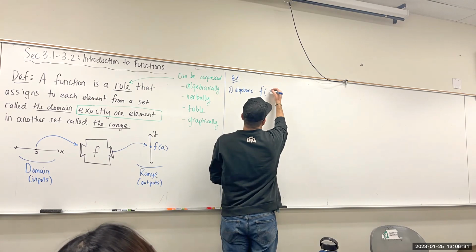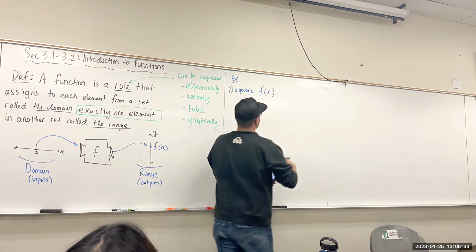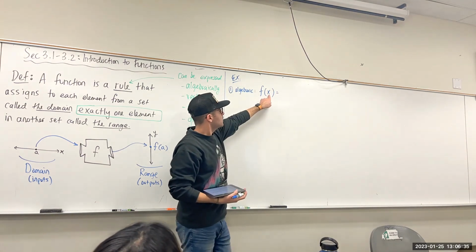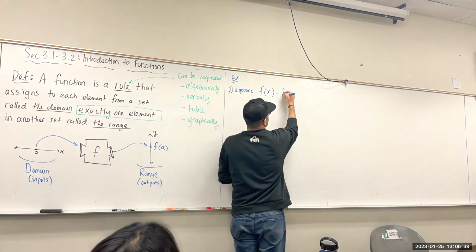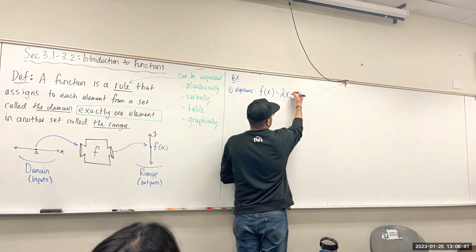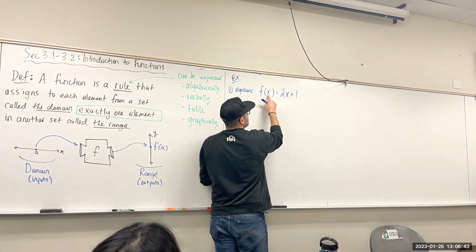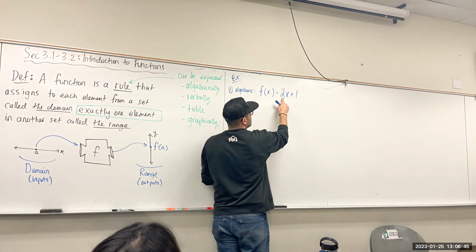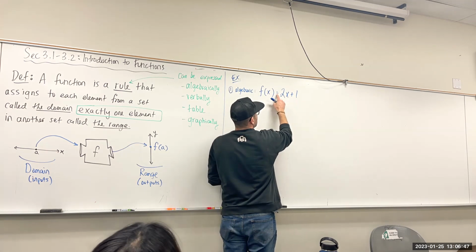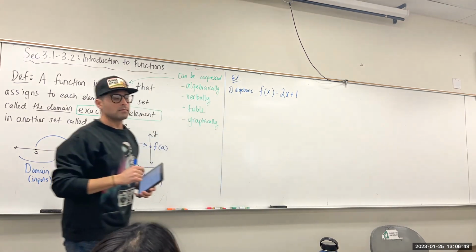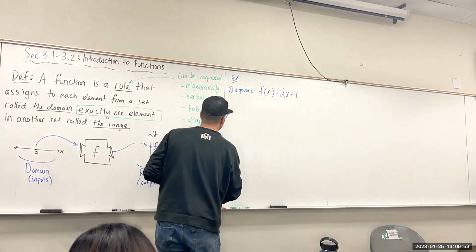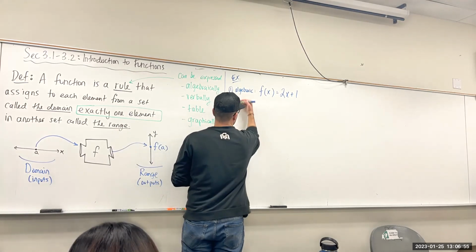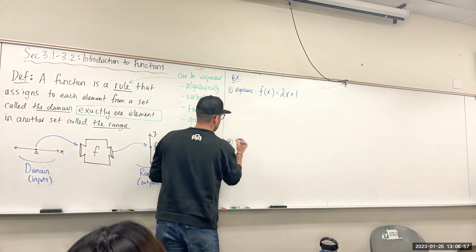The way we write it is we say x is what we're going to input, and the outputs are going to be represented by the expression 2x plus 1. Whatever that number is, you double it, add 1 to it, and that's what the output will equal. Leave some room here.